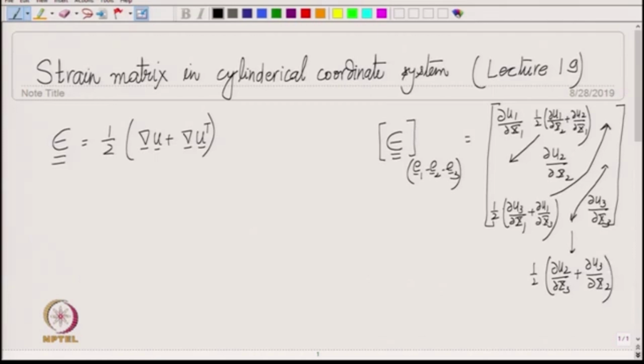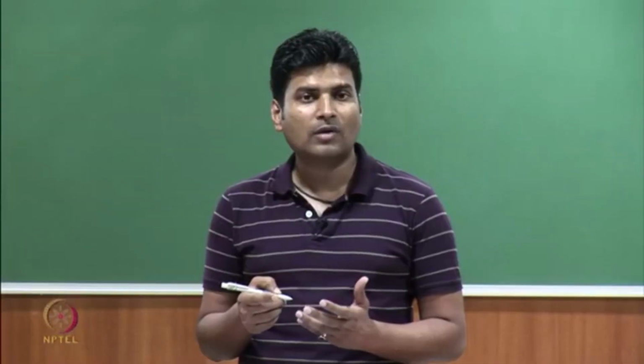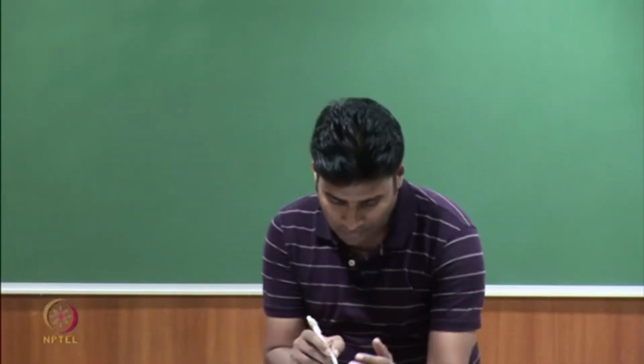So, that is the strain matrix in the Cartesian coordinate system, but we want to have the same matrix for the cylindrical coordinate system. To do that we first have to think of what the formula for the gradient is in cylindrical coordinates.